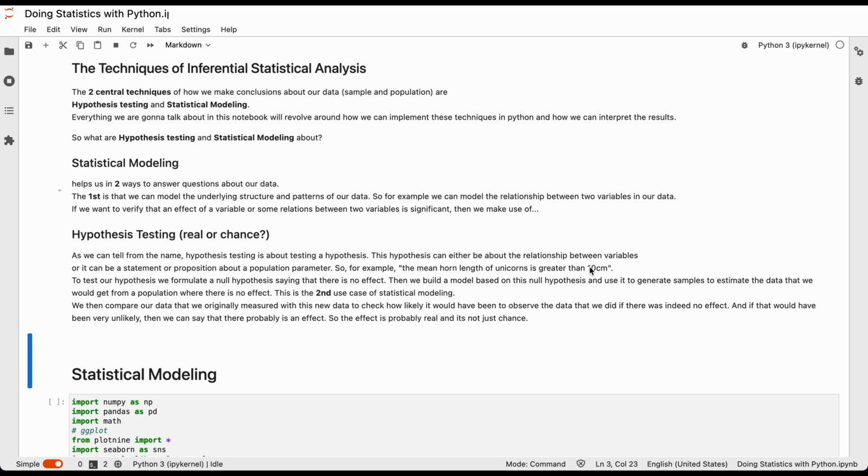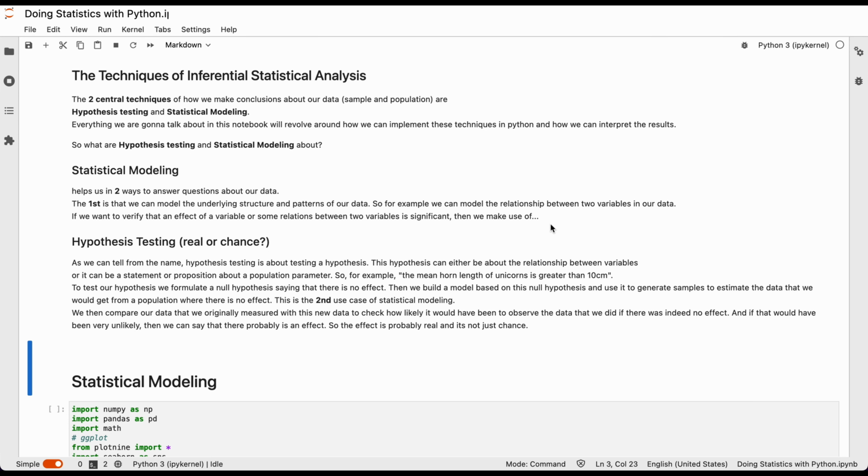And once we generated enough samples, we can compare the samples with our originally measured data to see how likely it would have been to observe our original data in a world where there was no effect. And if it would have been very unlikely, then we can say that there probably is an effect. So the effect is then probably real and not just due to chance. So to give you some intuition with the unicorns, let's imagine we build a model that we can use to generate unicorn horn lengths, and we would base this model on our null hypothesis, so that the mean horn length is 10 centimeters.